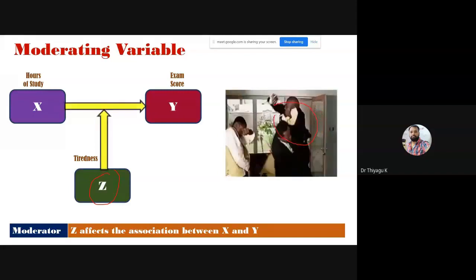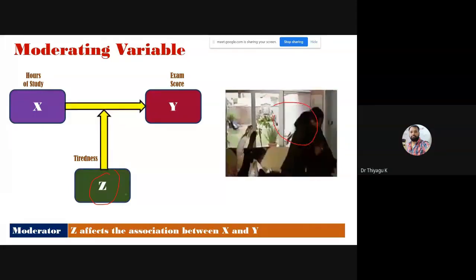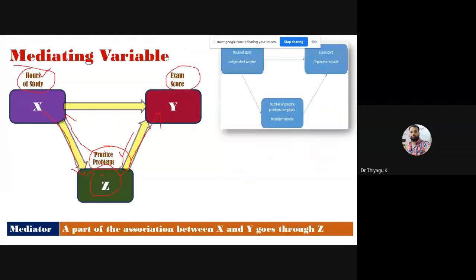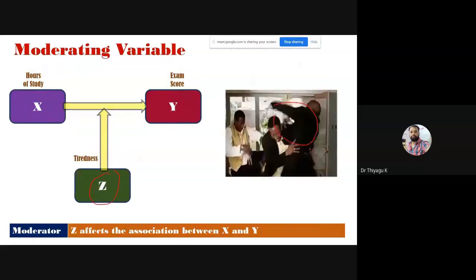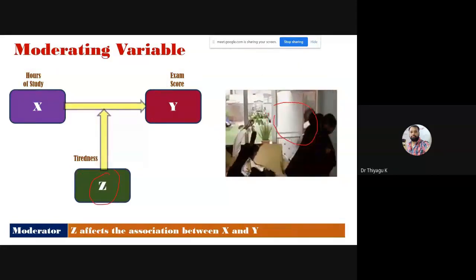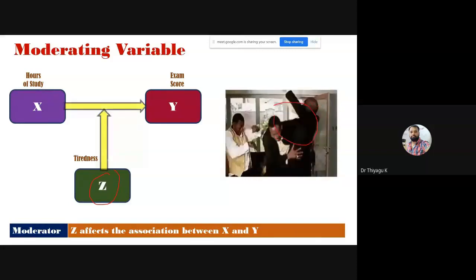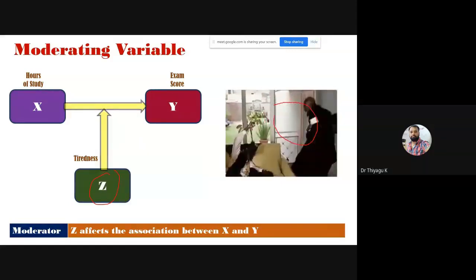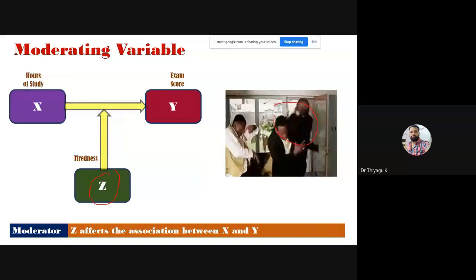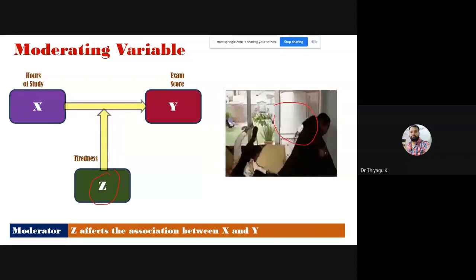But in the previous mediating variable, X influences Y through Z. In this case, Z is affecting the influence of X on Y. So the influence of X on Y is affected by Z. So it's like a moderator.